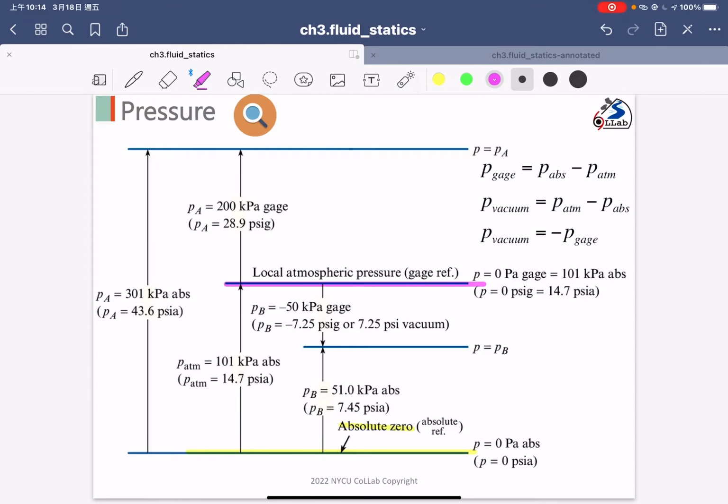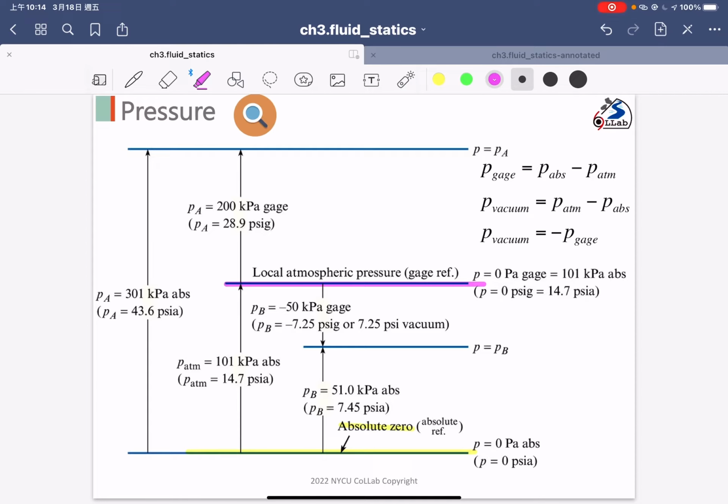So if you see the A point, you can measure the absolute pressure relative to the absolute zero, right? So you know that the vertical red line is equal to the number shown here, 301 kilopascal absolute.